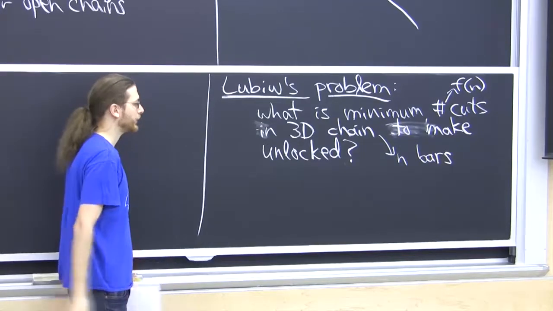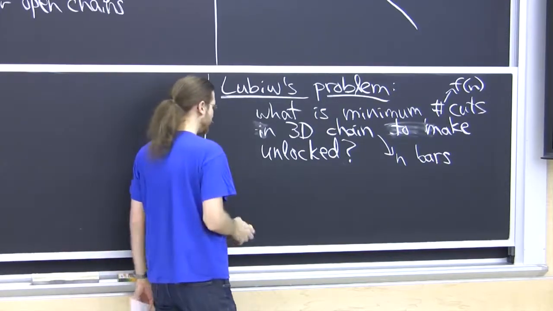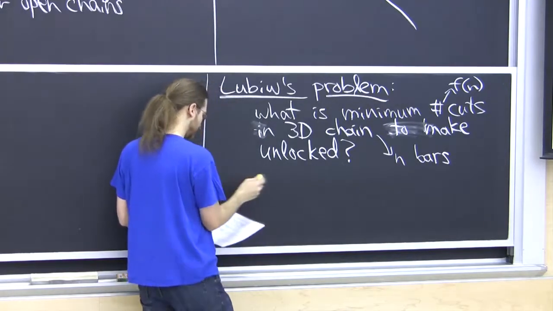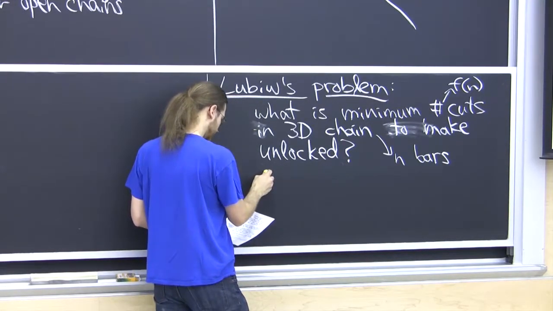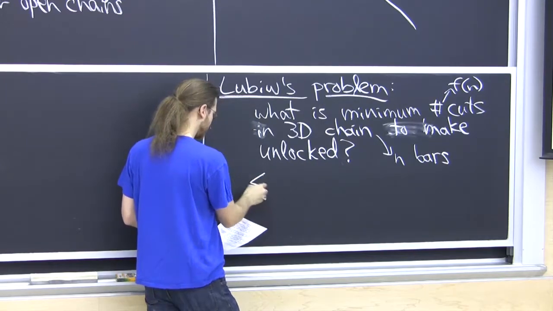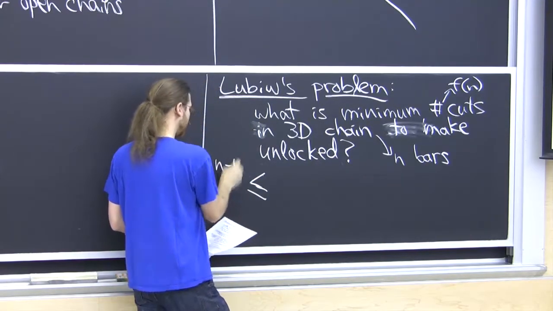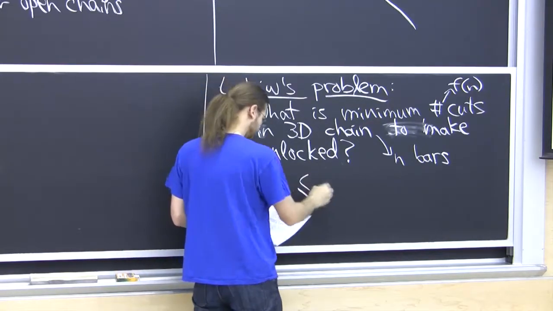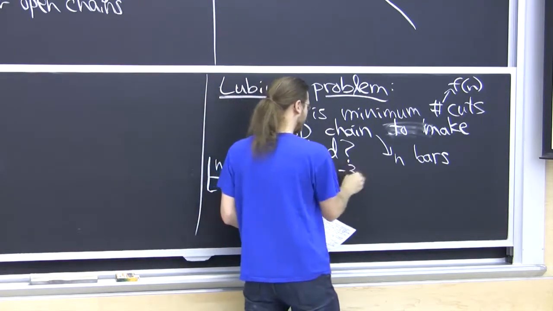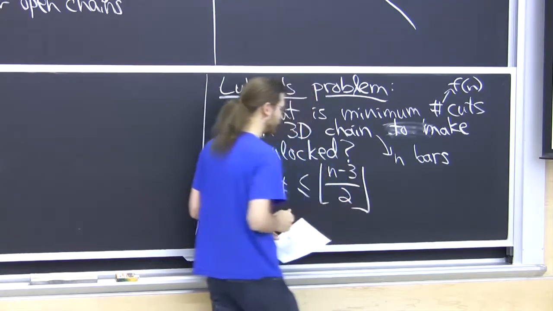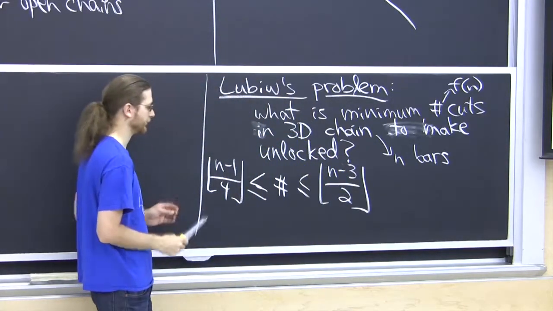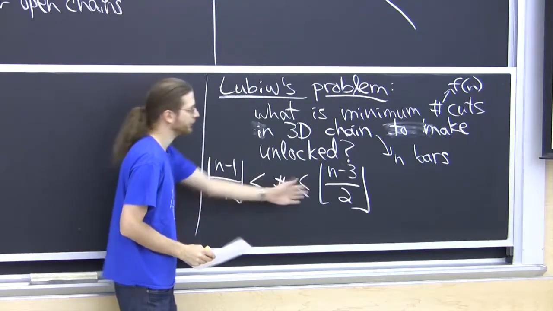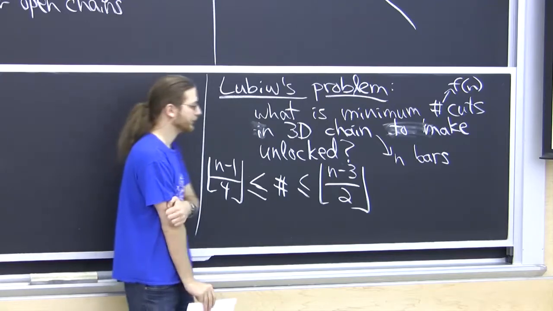Then as a function of n, how many cuts do I need? The answer at this point, in the worst case, is between about n over 2 and n over 4. It's at least floor of (n minus 1) over 4, and it's at most floor of (n minus 3) over 2. I'll prove both of those results. So we know roughly it's theta of n, within a constant factor of n, but we don't know exactly what the constant is. Still a neat problem.